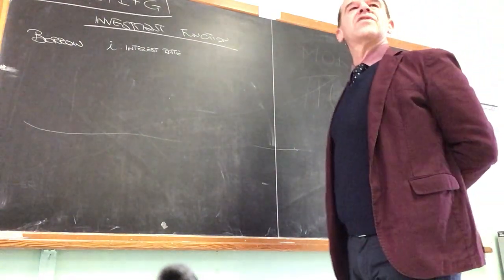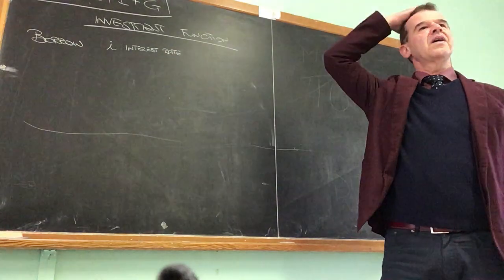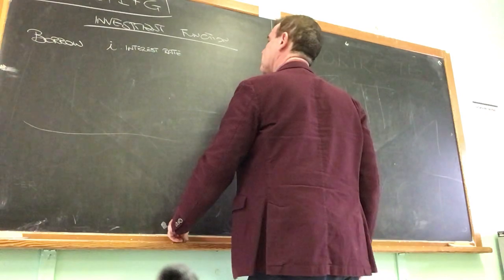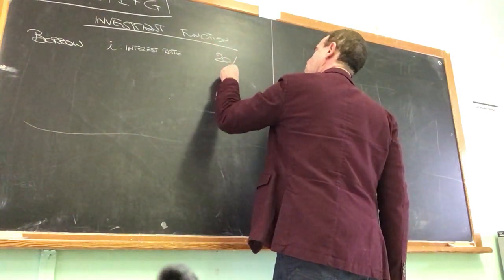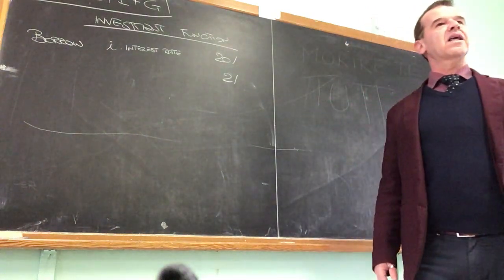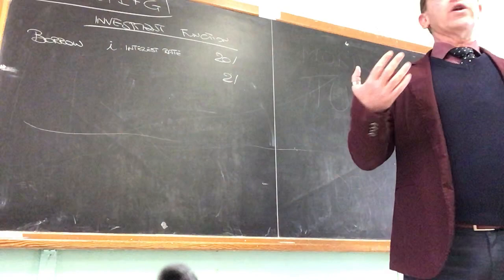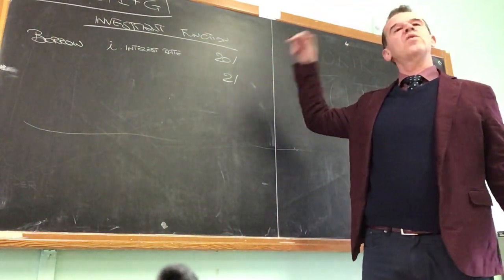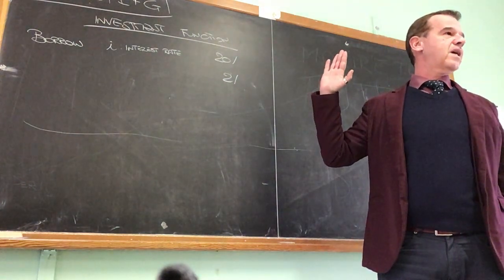If the interest rate is high, let's say an interest rate of 20% or 2%, will you be more keen on borrowing money when the interest rate is 20 or when it's 2? 2. You all agree with this.